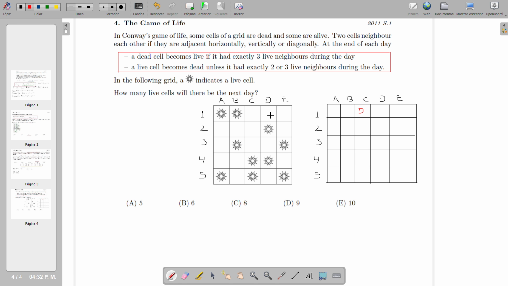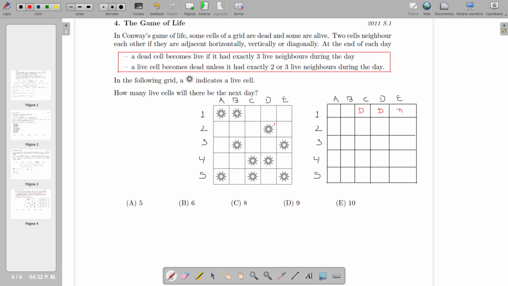Cell D1 has just one neighbor, which is this one. So by next day, this cell will remain dead. Cell E1 has just one neighbor as well, which is this one.